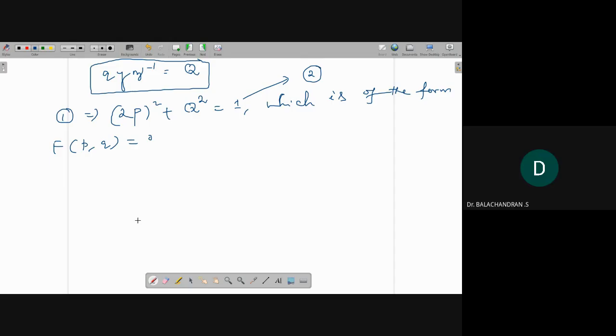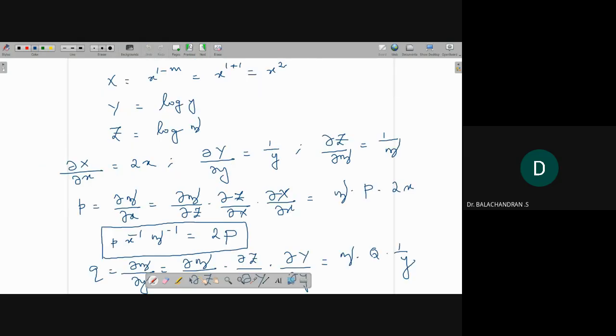Okay, next problem. Sixth problem. Sixth problem is: 4 z square q square is equal to y minus x plus 2 z p.